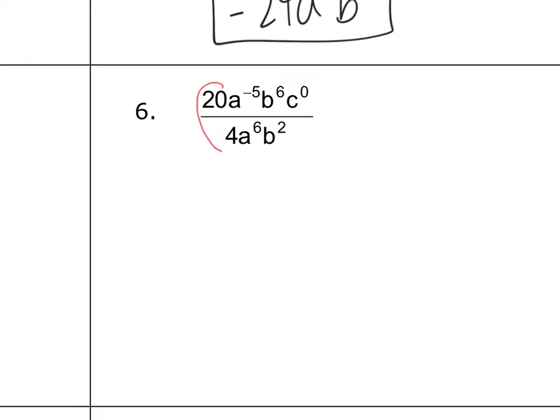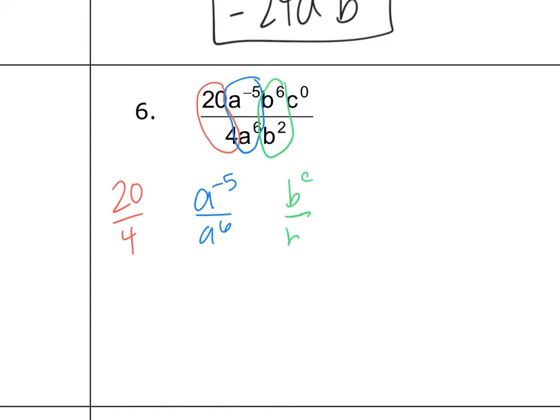Problem 6, I'm going to do the same thing. Number, A's, B's, and my C. With my numbers, 20 divided by 4 is 5, and I leave it there. With my letter, a to the negative 5 minus 6.